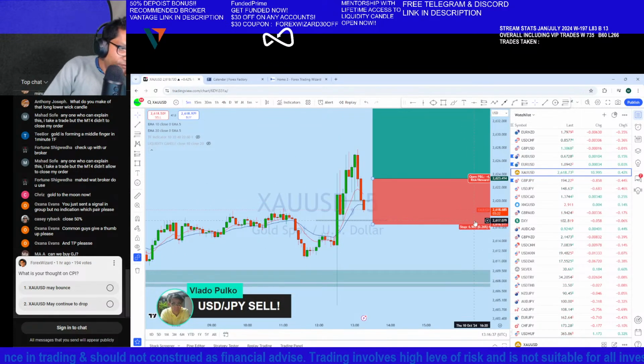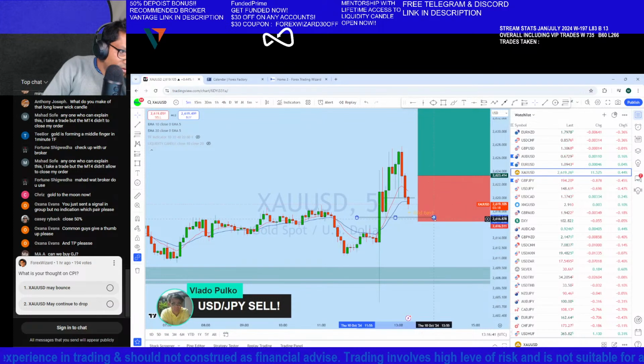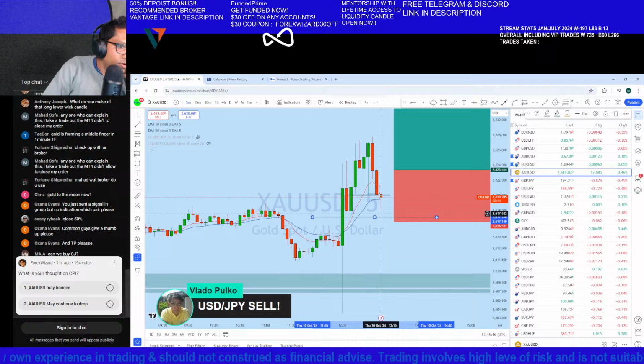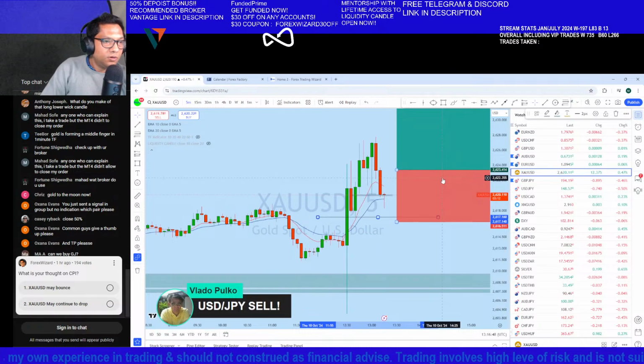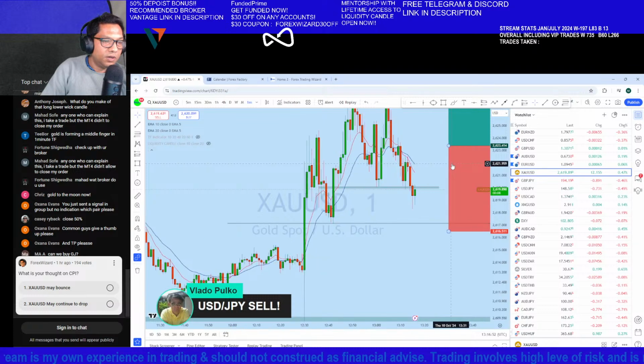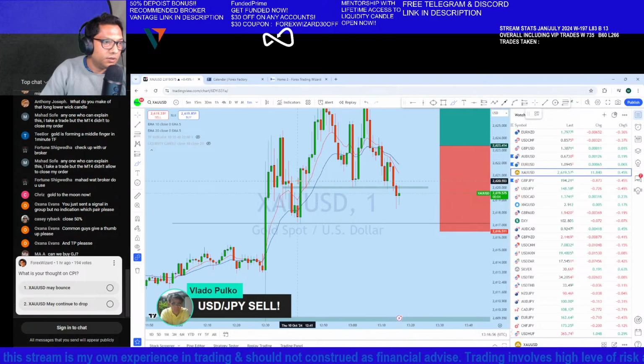I'll still be waiting; I think we might see a break of this level. After that, either rejection for another bounce or again a drop. See how the market might be evolving here. So you see the support is broken.